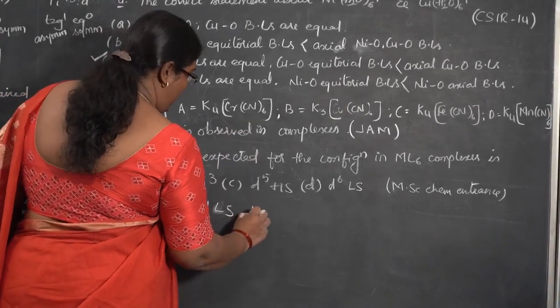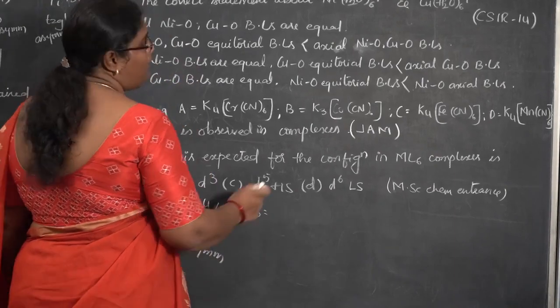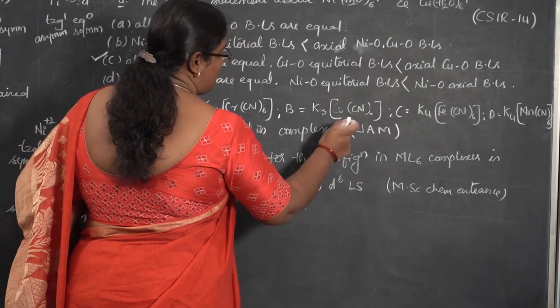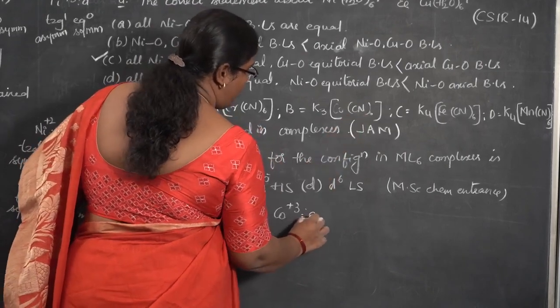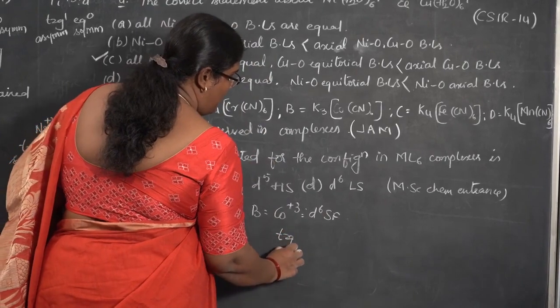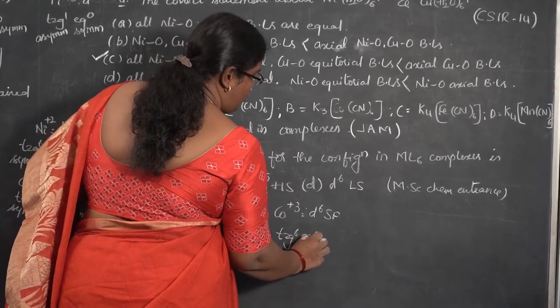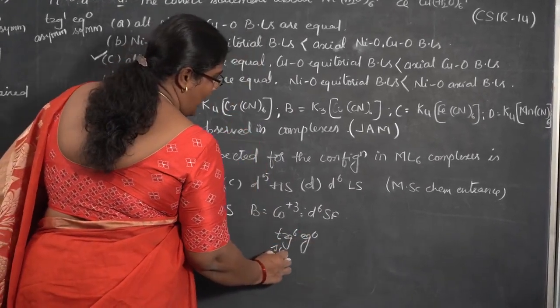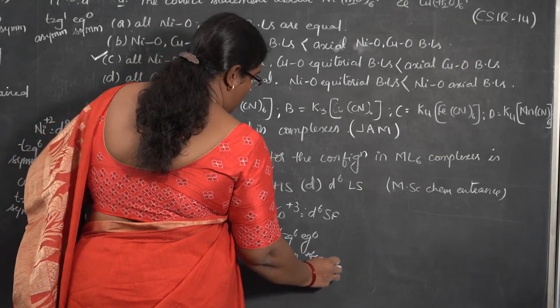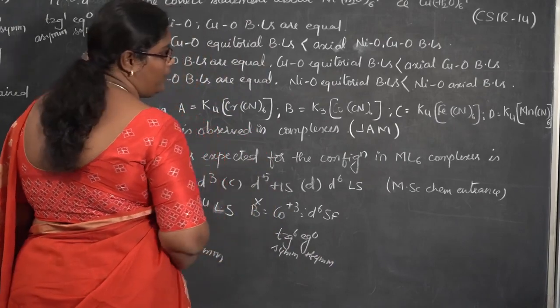Second, B complex. So in this, the metal is cobalt plus 3, cyanide is strong field ligand. So we take it as D6 strong field. So the configuration is T2G6 Eg0. So both are symmetric. So there is no distortion in the complex.